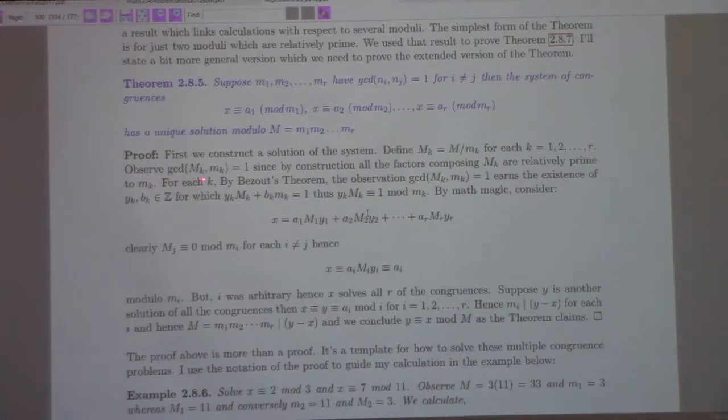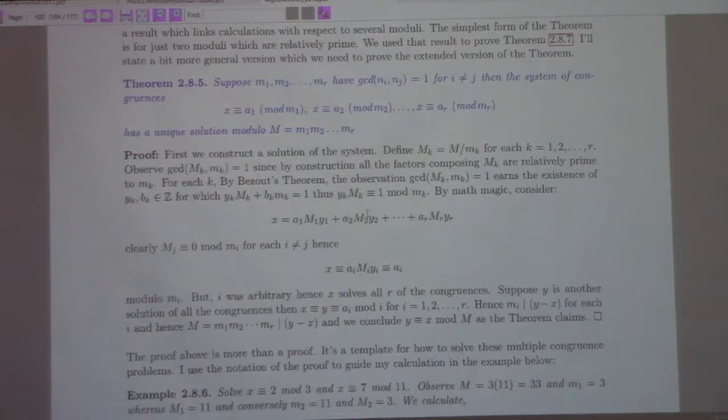So for each k, by Bezout's theorem, the greatest common divisor of that is 1, which means that we get the y sub k and b sub k such that this sums to 1, right? Which means that y_k M_k is congruent to 1 mod m_k. And you can find these inverses for M_k mod m_k for each k.